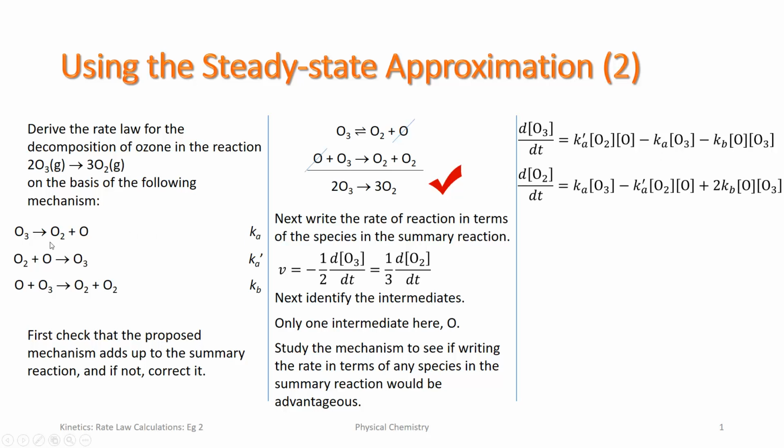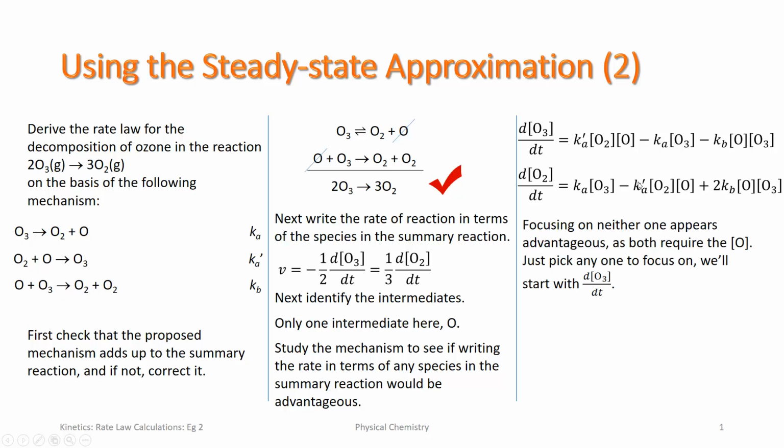For molecular oxygen, it's formed in the first step, destroyed in the second, and formed in the third. Notice the 2 here, because oxygen is formed at twice the rate of this reaction, because we form 2 oxygens in it.